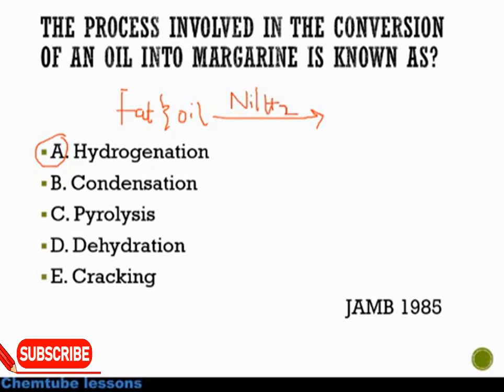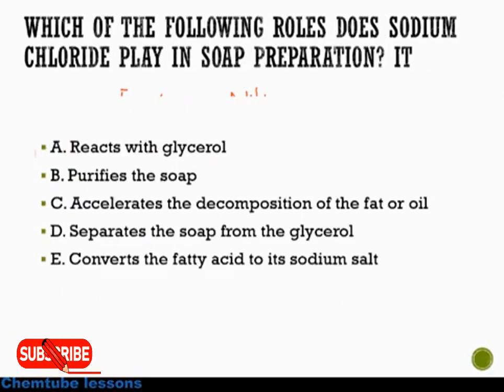You react with the hydrogen, and it's going to give you margarine. This reaction that occurs in the presence of hydrogen is called hydrogenation reaction. So it's the conversion of fat and oil to margarine. Let's go to the next question.